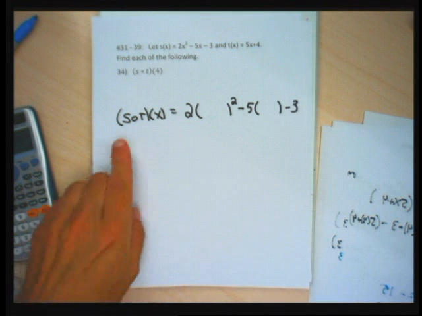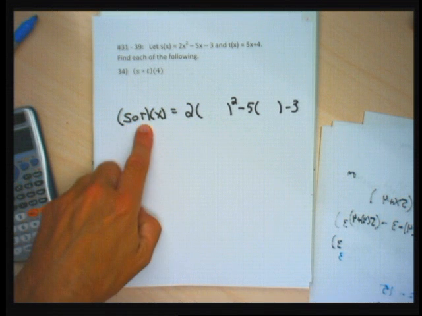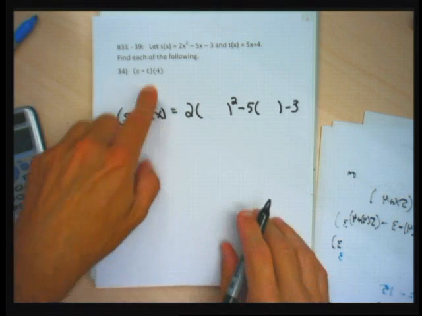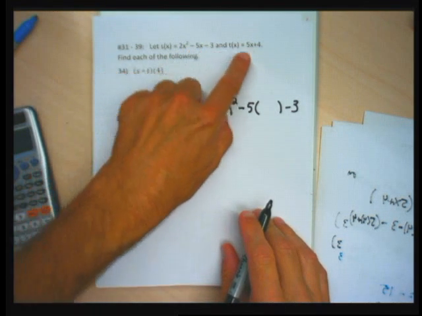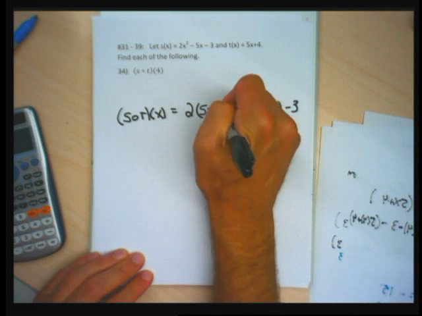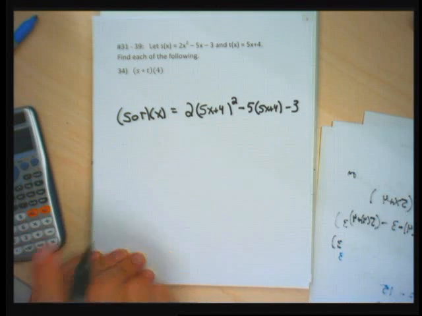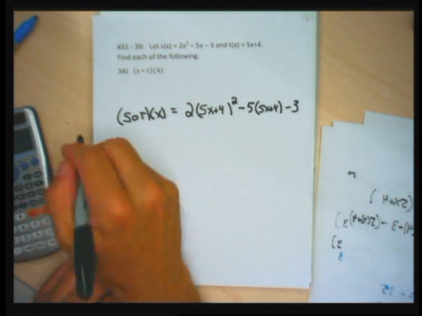So anytime I have composition, whichever function's written first, I want to replace its x's with the function after the open circle. So the s function had 2 x's. I'm replacing its x's with the right side of the t function.